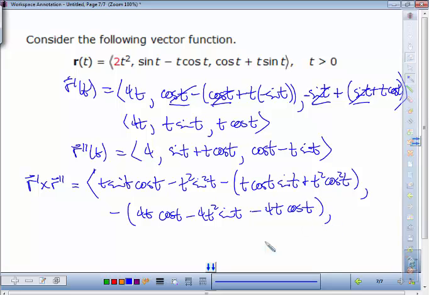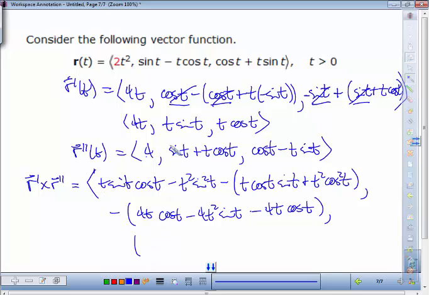So that's the j term. The negative should be this times this minus this times this, but then there's a negative in front of it because the j is negative.